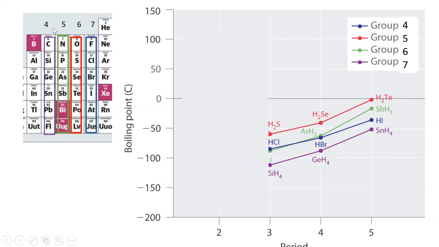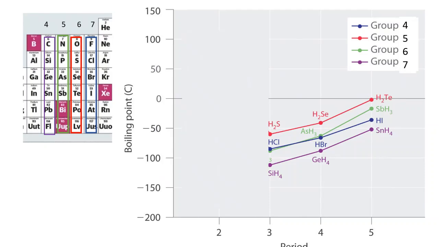And we can see that as well with group 6, and we can see it in group 7 and group 5 and group 4. So as we go down the group, our boiling points are increasing, and you'd expect that. And I hope you can know or already knew why. The bigger the MR, the more electrons, the bigger the fluctuations, the stronger the induced dipoles, or the stronger the van der Waals forces.